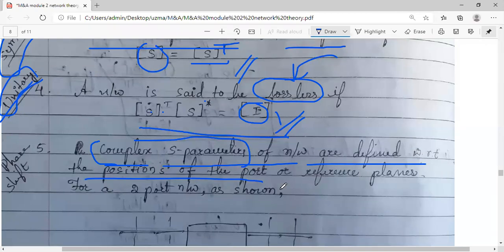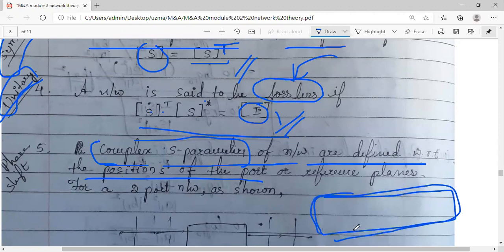Complex parameters of a network are defined with respect to the positions of the port. Because I had told you earlier also, when you go for a low frequency network, you deal in terms of a port, which is a pair of terminals. But when you come across a microwave network, a high frequency network, the port will be a reference plane. That's why whenever you consider a plane, you should consider its position. I had told you, when you have a long rectangular cake and you cut it into a number of slices, each slice will represent one plane, right?